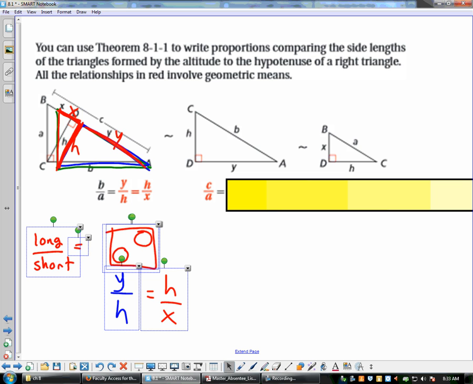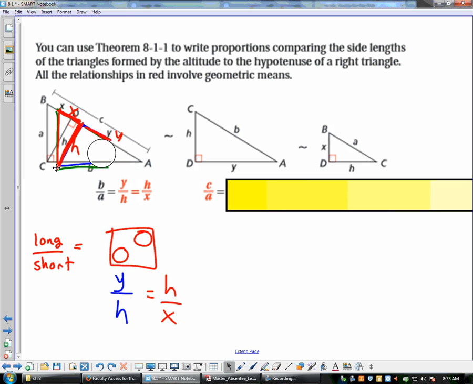Okay, so if I want to do C over A here, where's C over A? Let me go back to my original picture, which I can clean up a little bit. If we're talking about C over A, is that short leg over long leg over hypotenuse? What is that? Jacob? Hypotenuse over short.